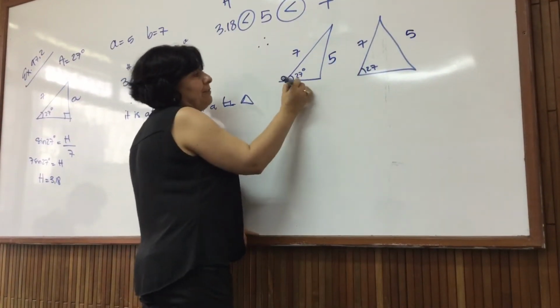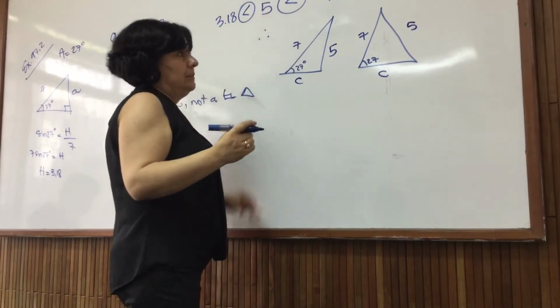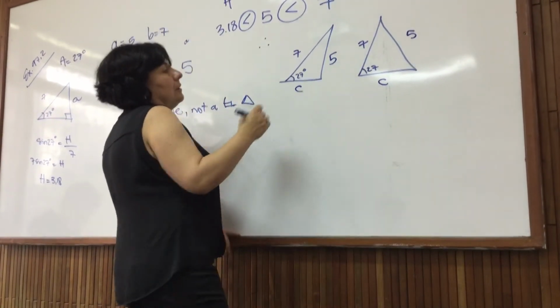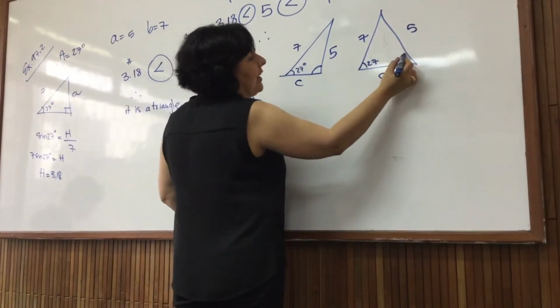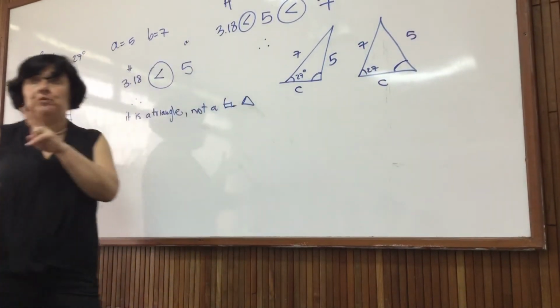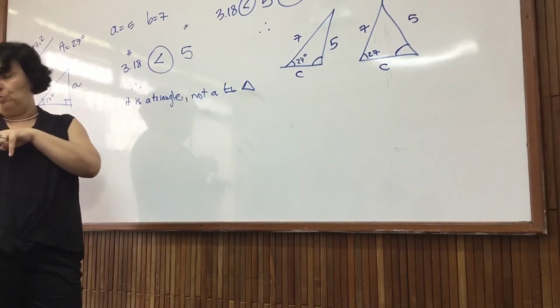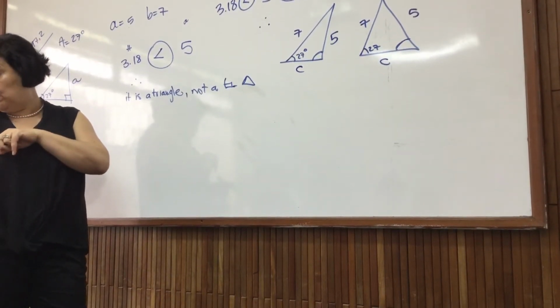So now you have to find this side. You have to find this big one here, and you're going to have to find this little one. Because you have 2 options. It's either an obtuse or an acute. So let's see.